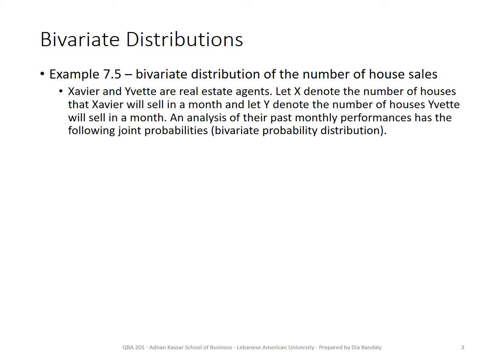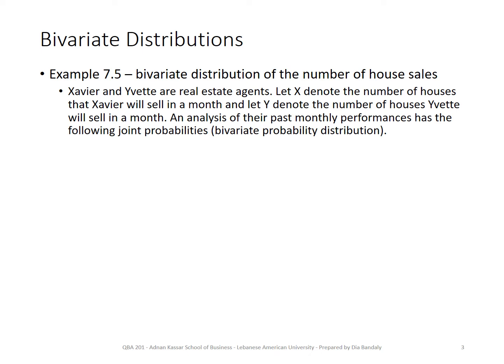So we start directly with an example that will illustrate the use of bivariate probability distribution and what we can derive from a probability distribution table.